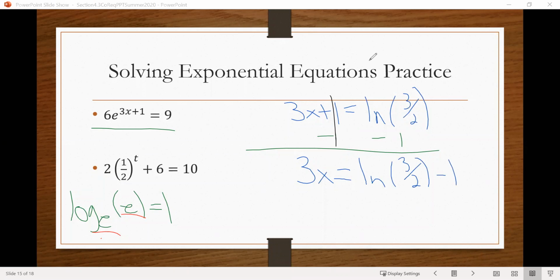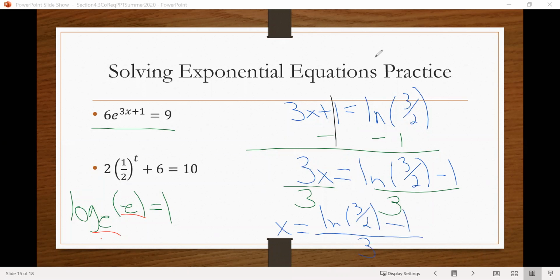Then we divide by 3 on both sides, and we end up with x equals ln of 3/2 minus 1, all divided by 3, which we can plug in our calculator to get a decimal answer. Be very careful when we plug in our calculator. We want to do the whole numerator divided by the denominator, so we put parentheses around that. So do ln 3/2 minus 1, take that answer, divide by 3, and I end up with negative 0.198 as the answer there.